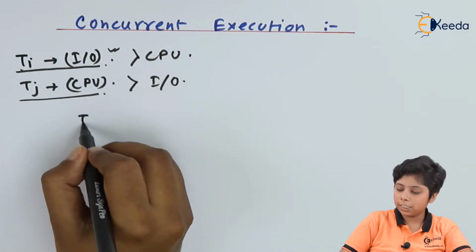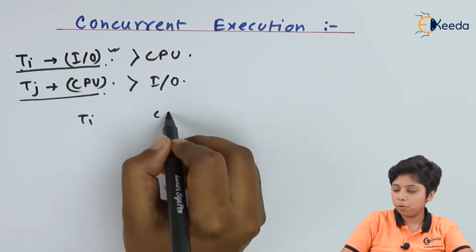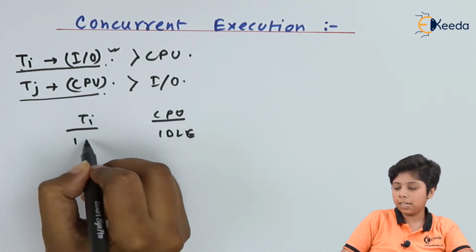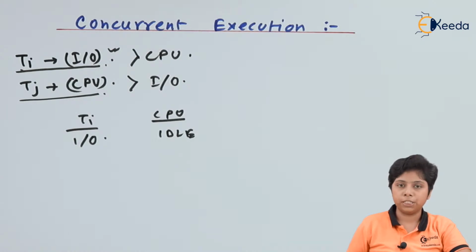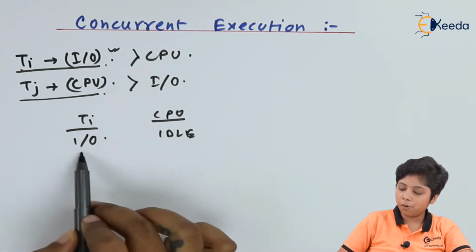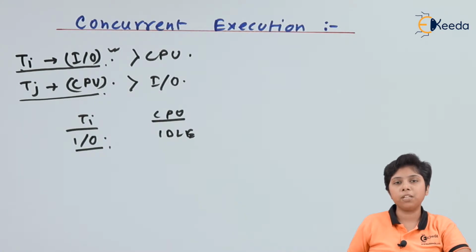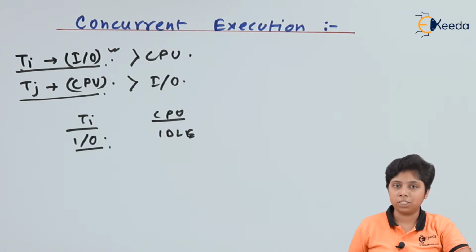So when TI is performing, the CPU becomes idle, as it is IO oriented operation. As TI performs all the IO, the CPU cycles will not be used by other transactions as they are not concurrent to each other.